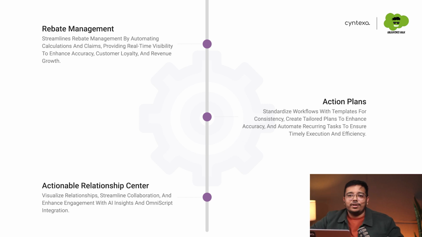True. Then we have account-based forecasting that we have already discussed, and I will be showing you in the demo. Then we have rebate management. For the audience who doesn't know, rebate management is the capability where you are configuring, let's say Apple is paying $100 for the chip.